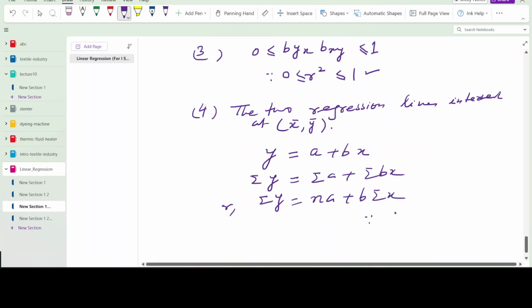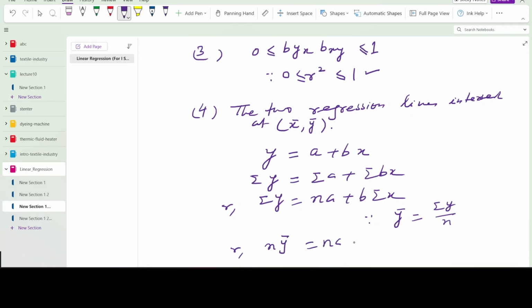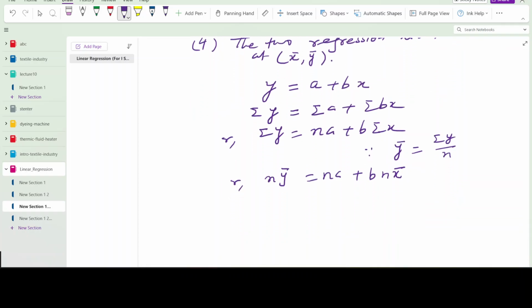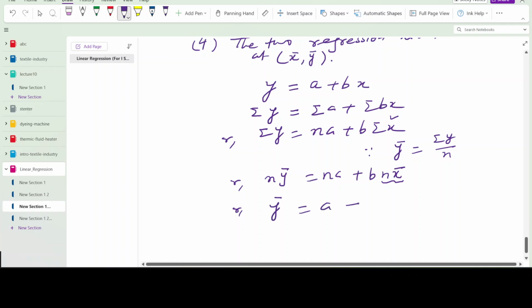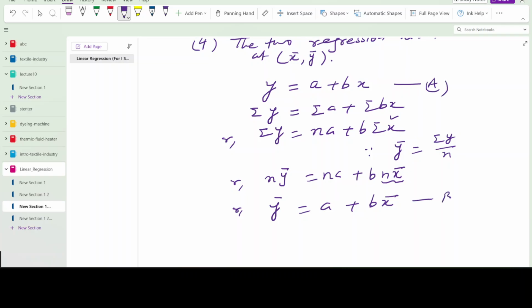Since y bar is equal to sigma y by n, we can write n y bar is equal to na plus bn x bar. We have replaced sigma x by n x bar, or y bar is equal to a plus b x bar. Suppose this is equation A and this is B.